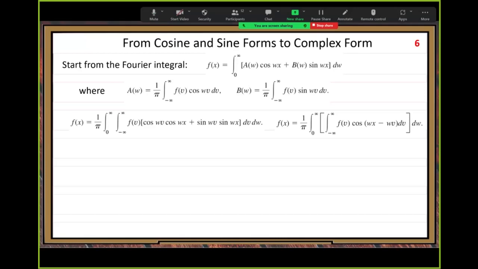Here, the inner integral is on the full x-axis, but the outer integral is on the half-axis. Why? Because we start from the cosine transform, which is for the even function.